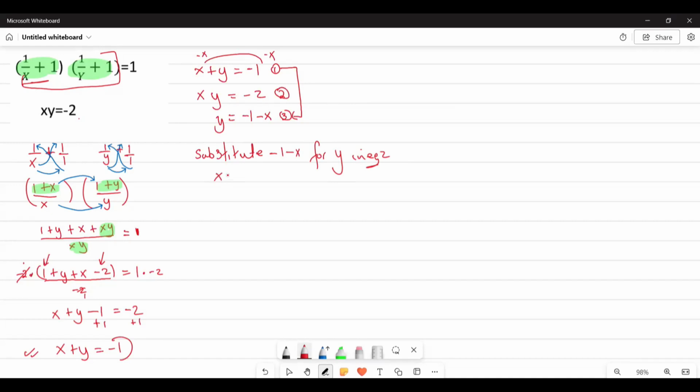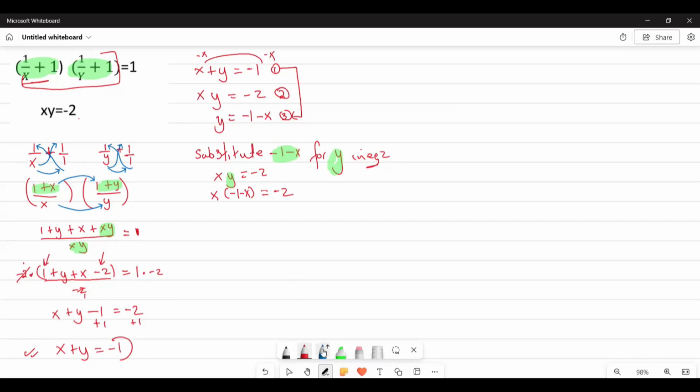Equation 2 says that xy is equal to -2. So remember though, for y, I'm going to put -1 minus x. Let's do that. So I have x times y, and it's -1 minus x, and this is equal to -2, right?